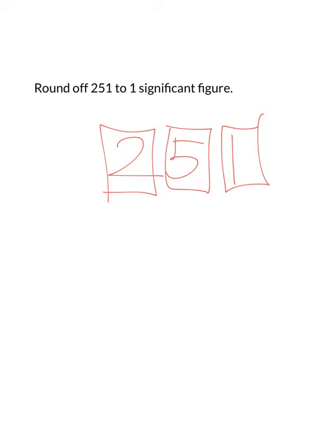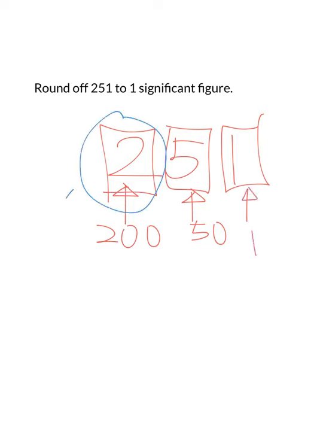As we discussed, we will think that 2 is better because it has the most power to represent the value of this number, that is 200, isn't it? And the 5 only represents 50 and 1 represents 1. So we choose 2, and the answer should be 200, isn't it?